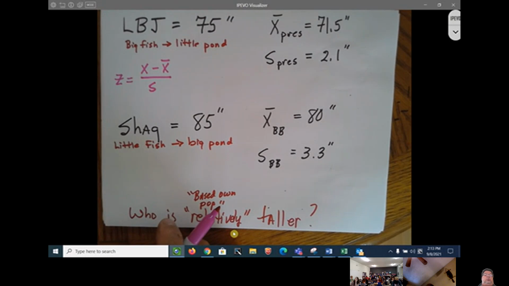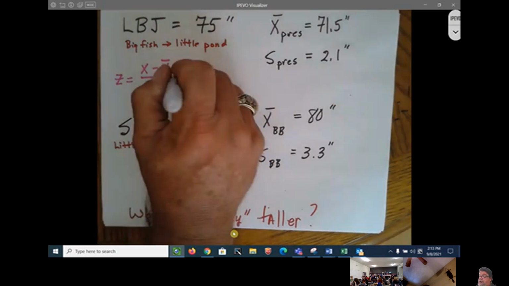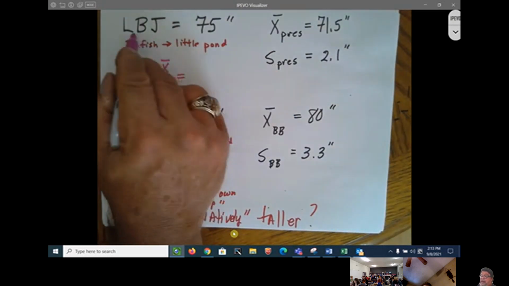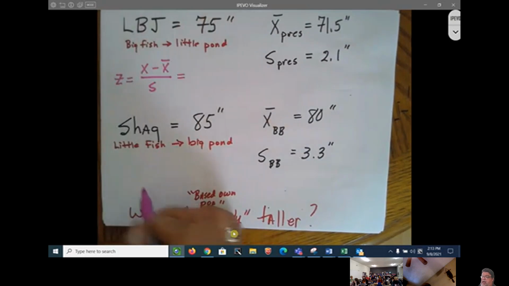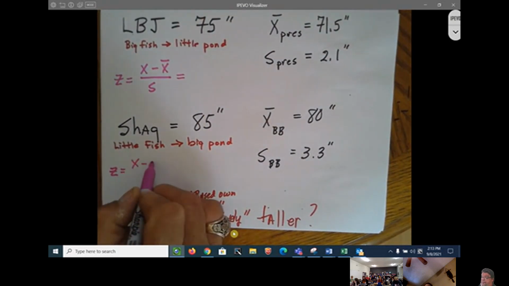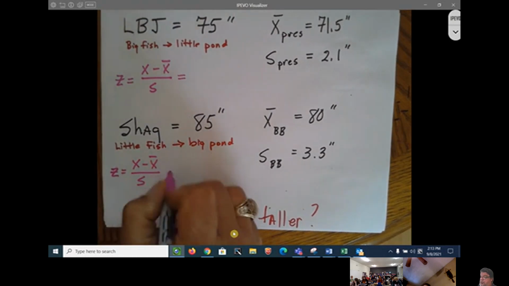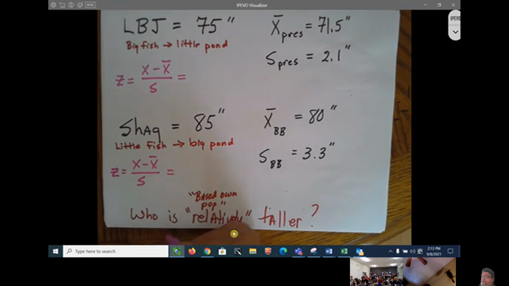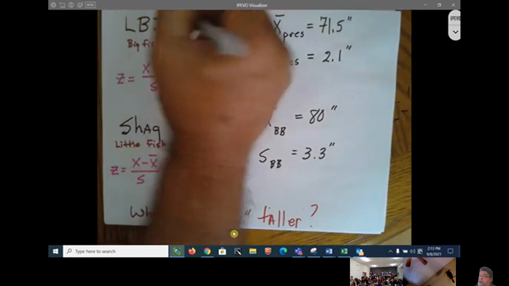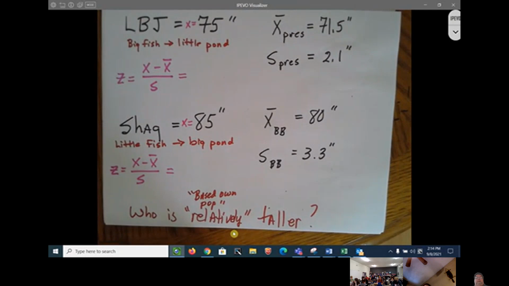X minus X bar over the standard deviation. And I want you to calculate it for LBJ and Shaq. Go ahead and do that. Plug and chug and find out the Z-score for each.